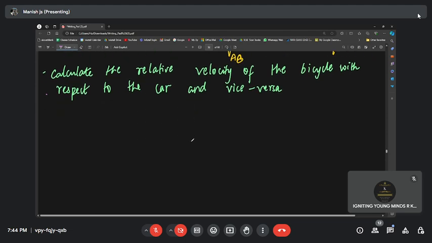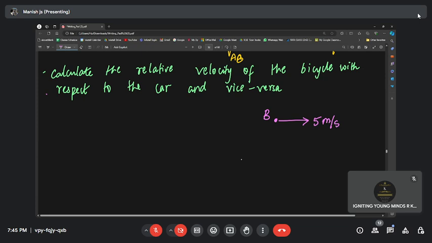So you have the situation given here. Let me call this point B, where B represents the bicycle, and the bicycle is moving towards the right with a velocity of 5 meters per second.